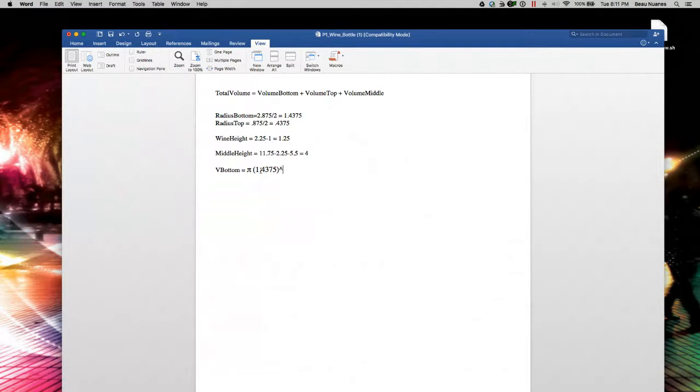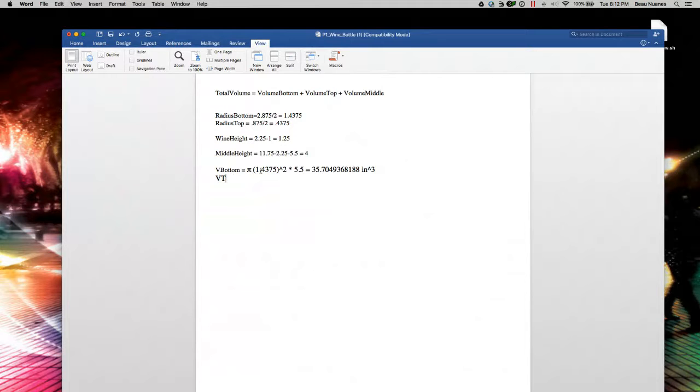I'm just going to do caret 2 here, squared, times 5.5. So that'll give us this when you calculate it out. When I do my calculations, I always take it out a bunch of decimal places for accuracy, because then that's going to match your program later on. And it's going to be inches cubed there. Okay, so that's the volume of the bottom.